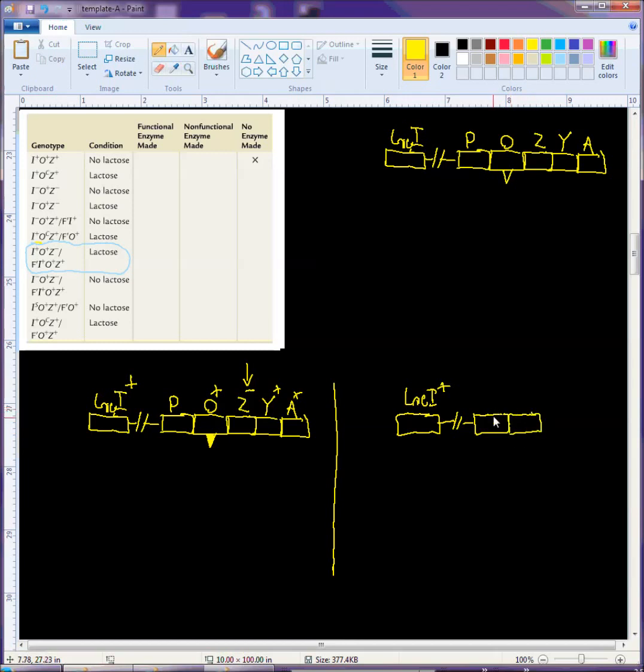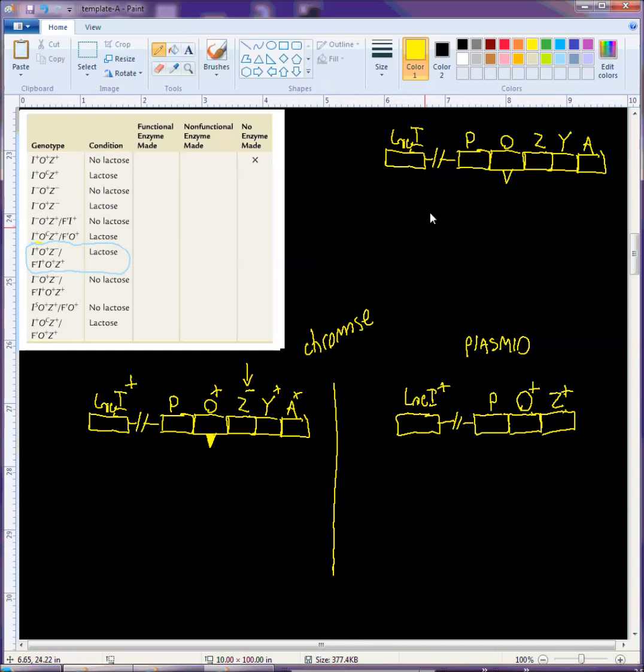So we're going to have our promoter here. See, it's not indicated in the question, that's why it's a little confusing. So we're going to have a normal copy of O, and then we have a normal copy of Z. Okay, so this is the plasmid over here. This is the chromosome over here.